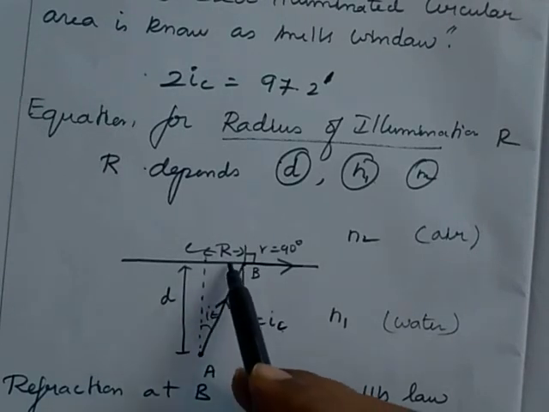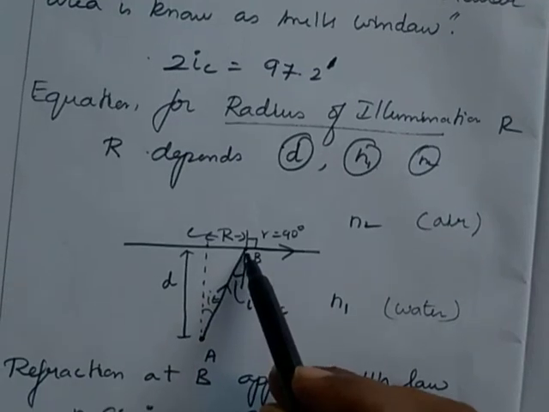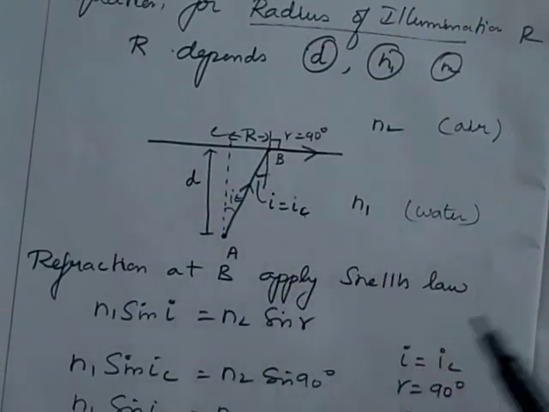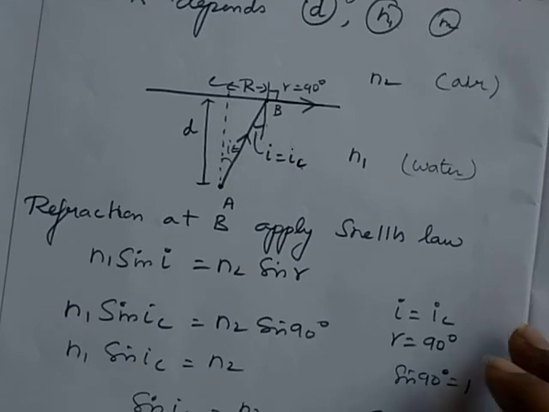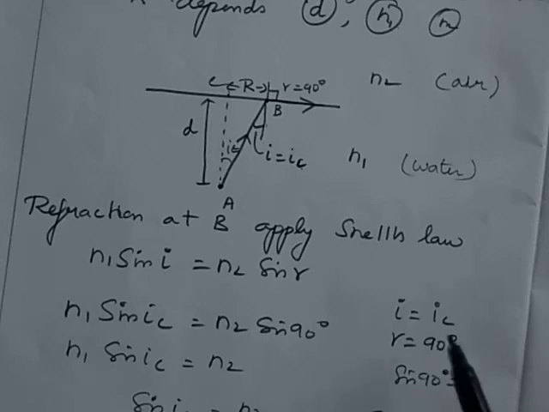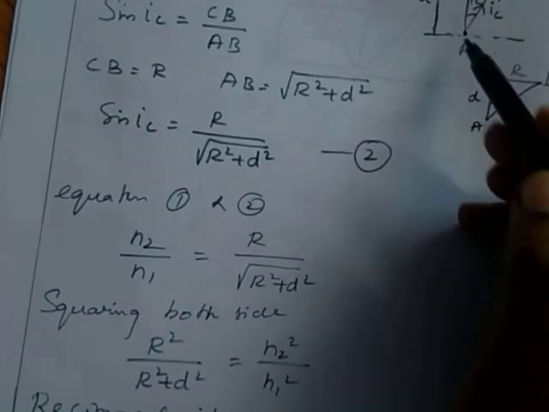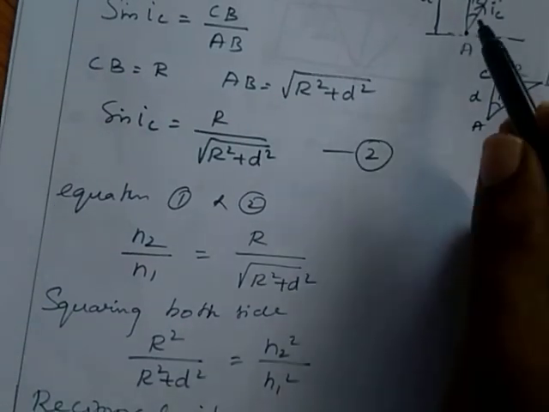We need to find r. Here there is a refraction taking place, so we are considering Snell's law in product form, that is n1 sin i is equal to n2 sin r. Here we are applying the value i as IC and r as 90 degrees. Then we get sin IC is equal to n2 by n1. Then we consider the right angle triangle ABC. For that we need to find sin IC.